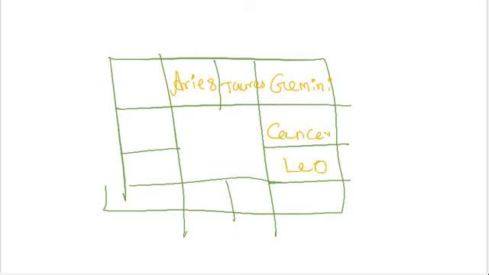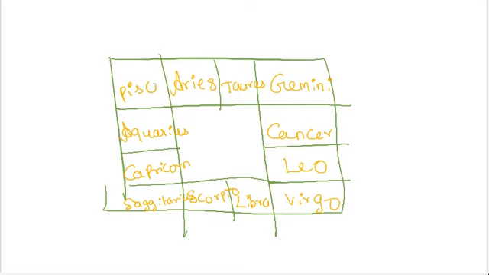Then Leo, Virgo, Libra, Scorpio, Sagittarius, Capricorn, Aquarius, and finally the final house name is Pisces.